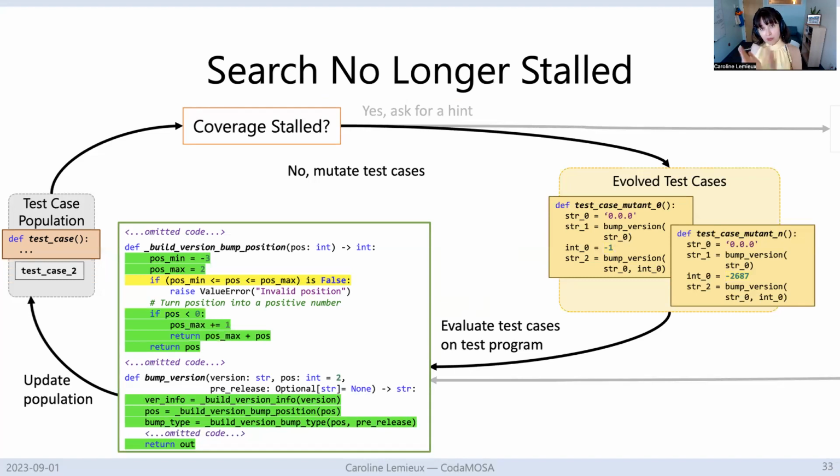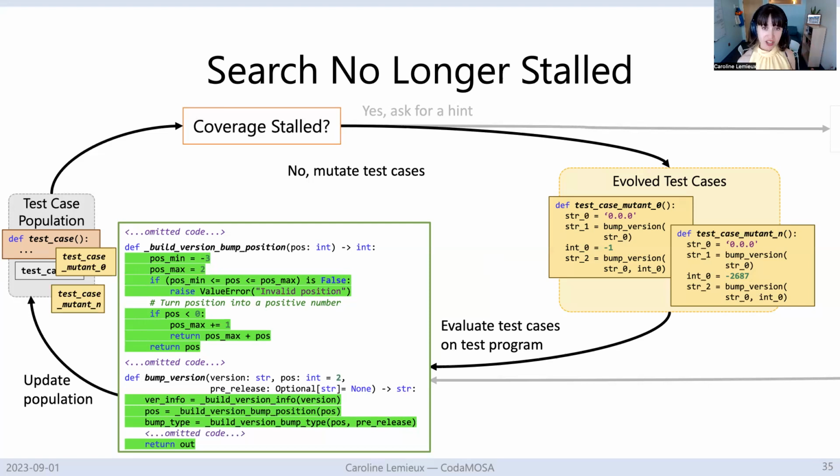And we would find that that first mutant from 1 to -1 actually exercises this code of handling, essentially allowing negative indexing for the position. And the second mutant actually exercises this error handling case where we make sure to error out with a sensible message when an invalid position argument is passed. So both of these actually still increase the coverage of the program under test, and so we save them to the test case population.